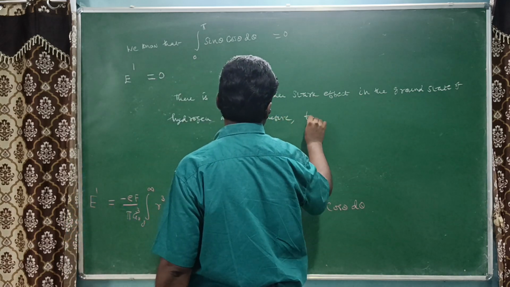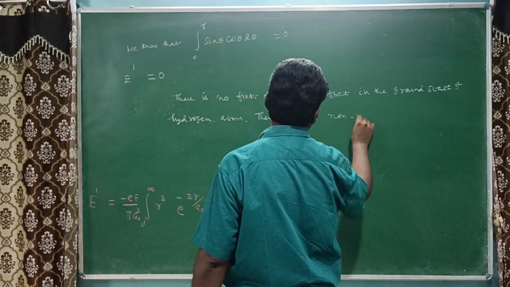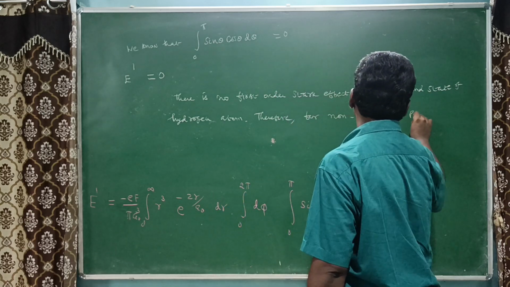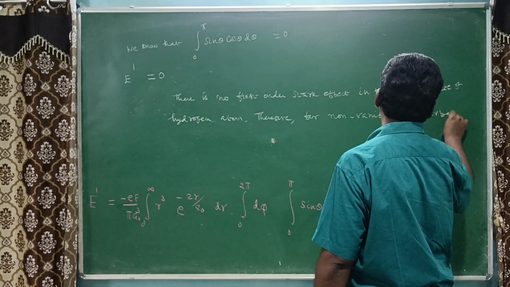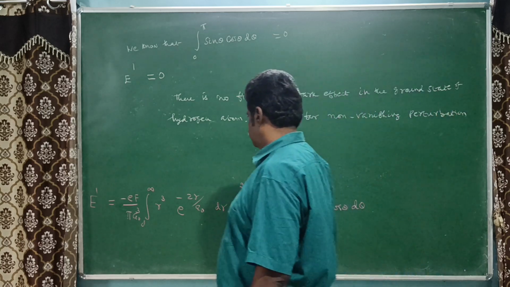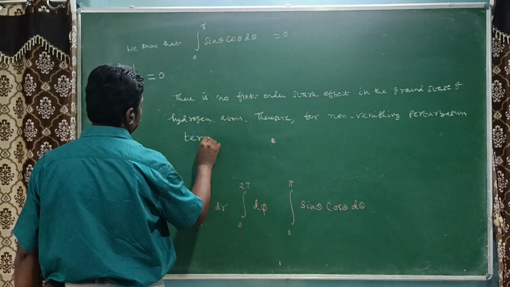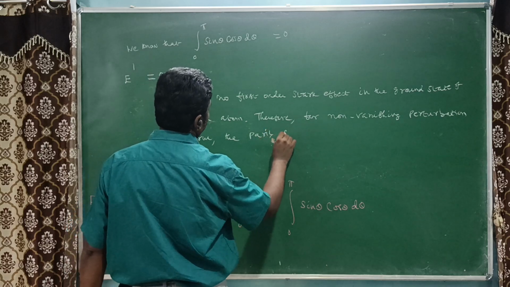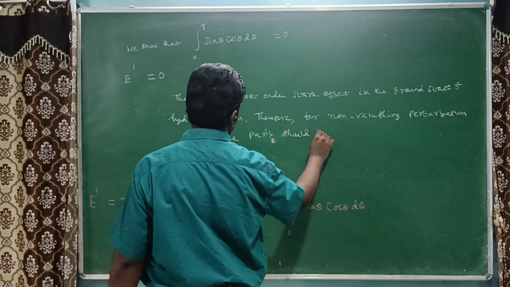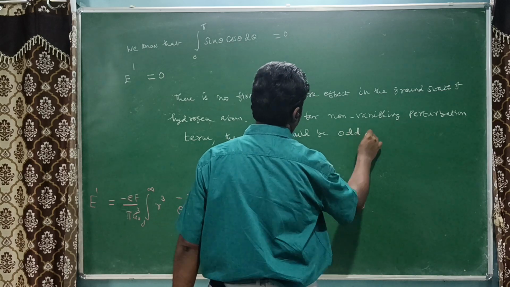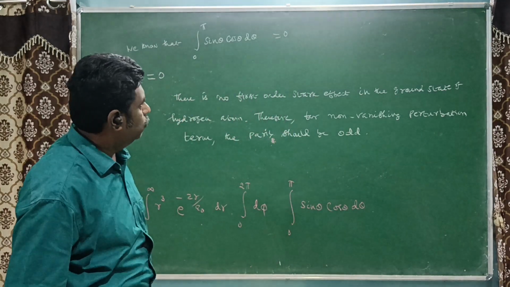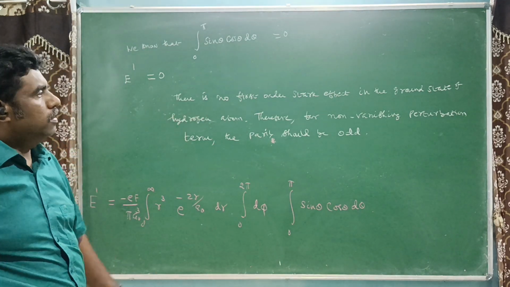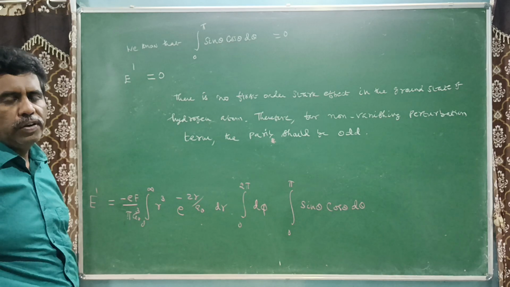Therefore, for a non-vanishing perturbation term, the parity should be odd. This is the conclusion we arrived at in the case of ground state of hydrogen atom. There is no first order Stark effect in the ground state of hydrogen atom.